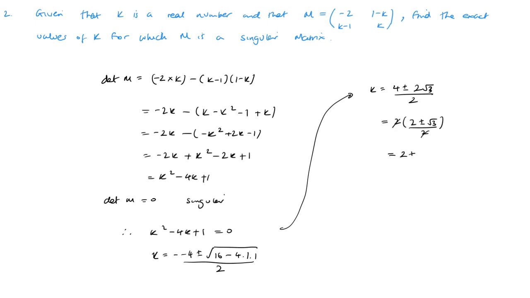So 2 plus or minus root 3. So k equals 2 plus root 3 or 2 minus root 3. But make sure you're doing this bit. From here you can jump to here, but make sure you are showing sufficient working out just to gain all of those method marks.